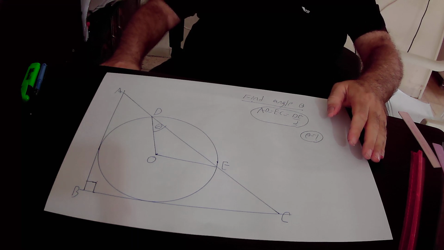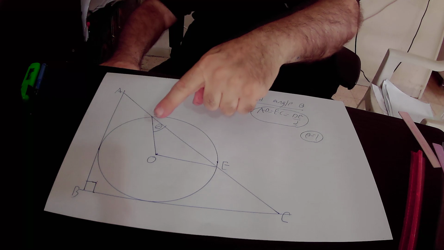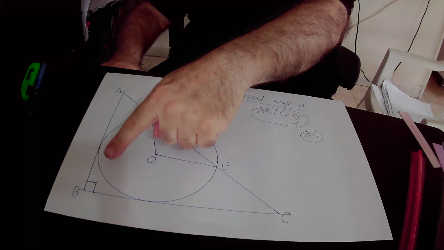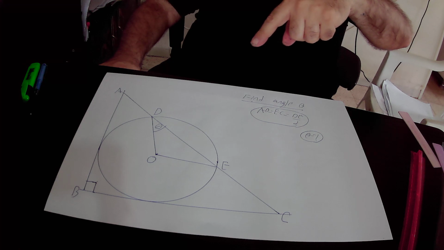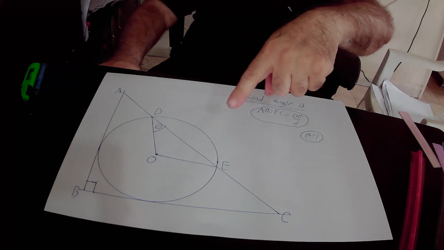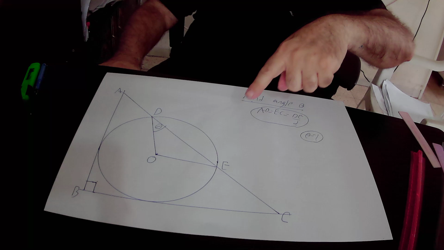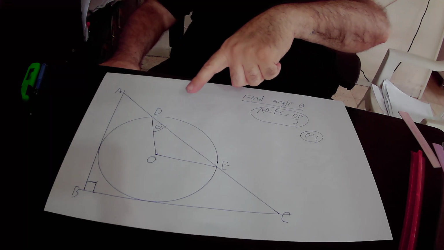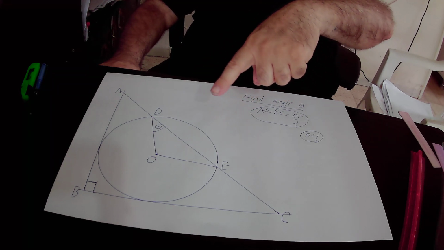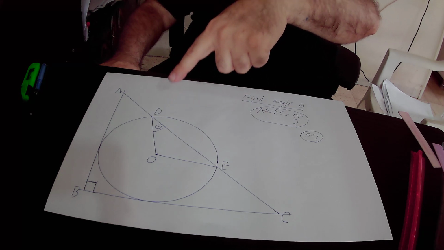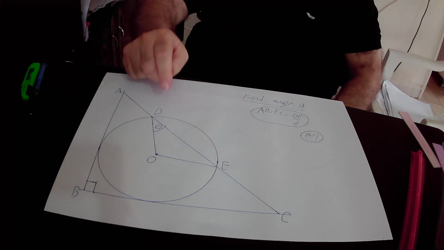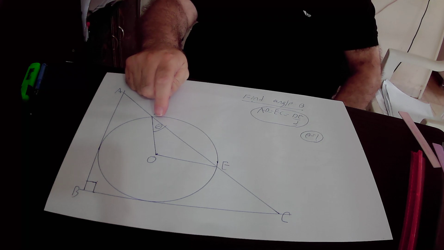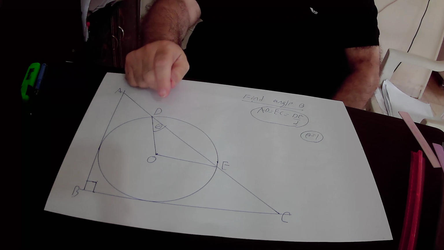In the drawing, we have a right triangle, triangle ABC. Angle ABC equals 90 degrees. Inside the right triangle, we have a circle, and inside the circle, we have triangle DOE, and we are looking for this angle, angle theta.